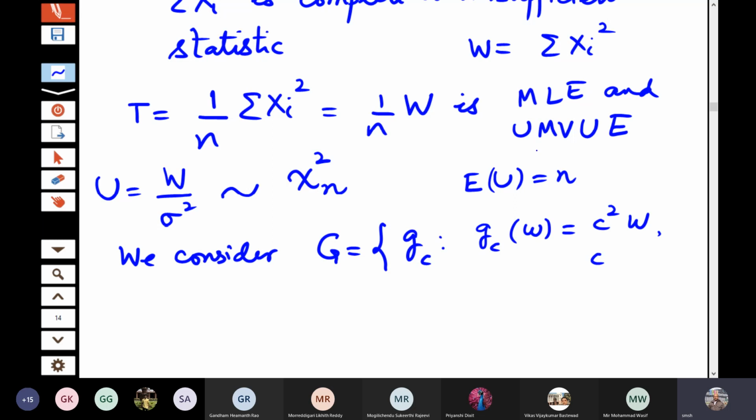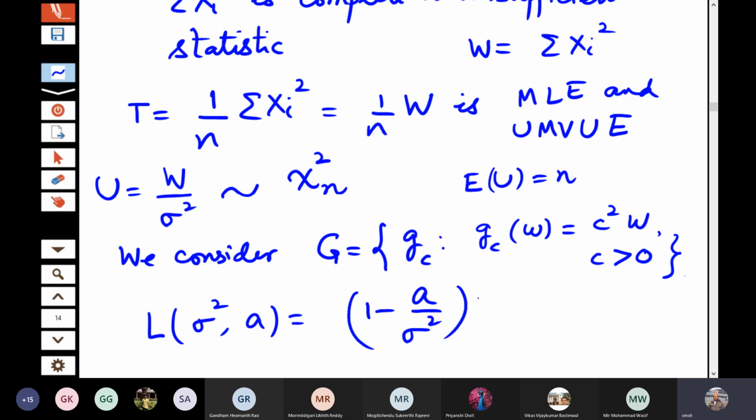Otherwise the outcome will be the same. Under this group, let us consider the scale invariant loss function in estimating sigma square.